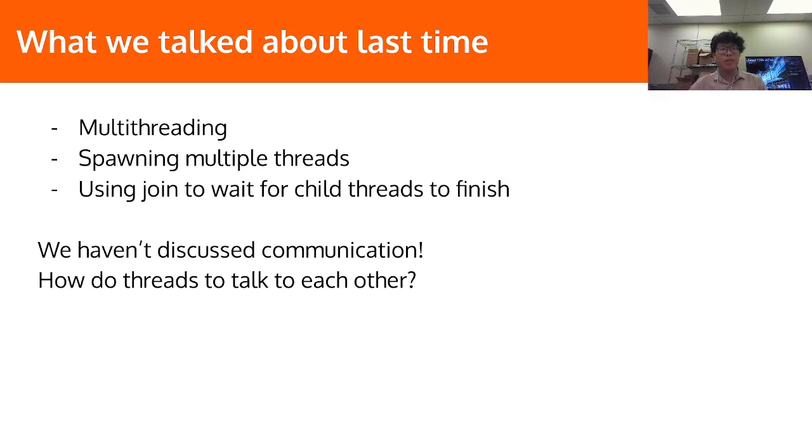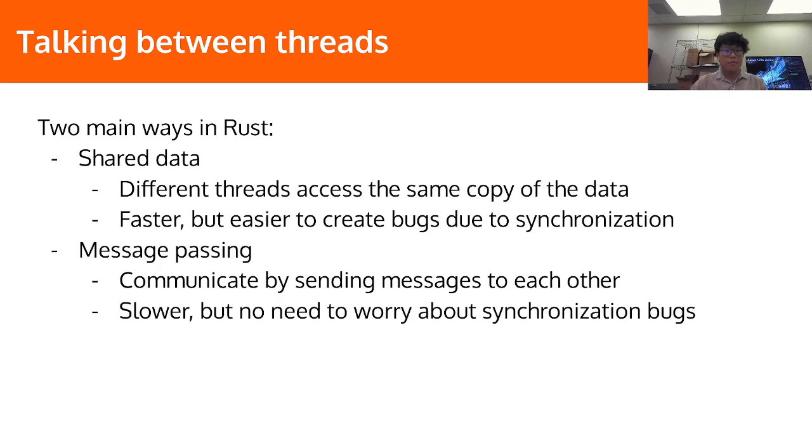This could be as simple as threads updating each other of their status, or threads working on the same data together, but all this involves some form of communication. There are two main ways in Rust where threads can communicate with each other. The first way is using shared data. You can think of it as a variable that different threads have access to, the same piece of data.